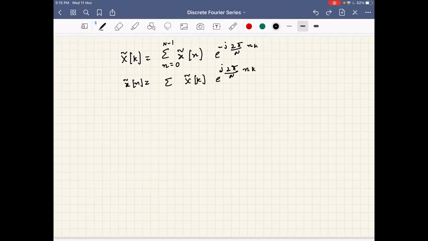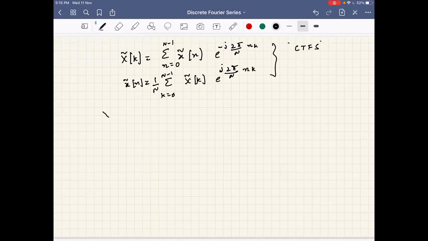Right? And in the discussion, we have seen that this definition of the discrete Fourier series has come from the continuous time Fourier series expansion, or is closely related to the continuous time Fourier series.